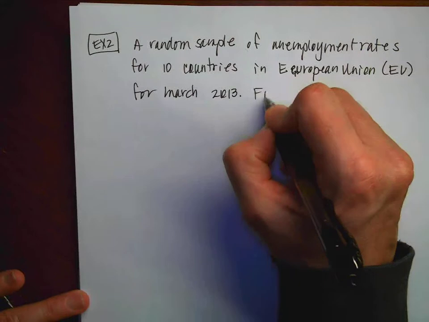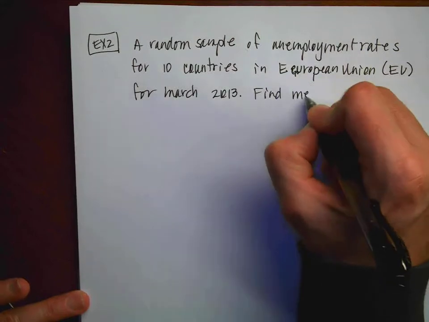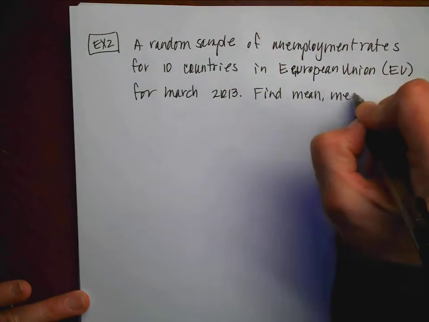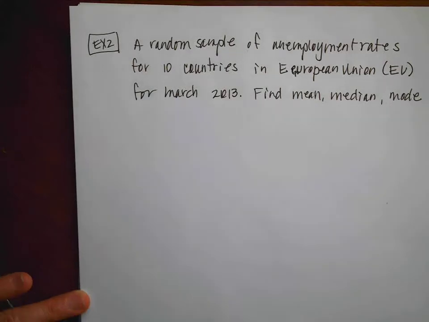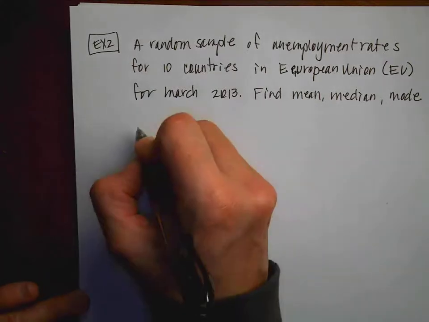It would be interesting to know what more current data is, and I want to find the mean, the median, and then the mode, okay?